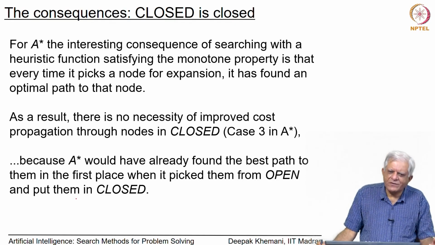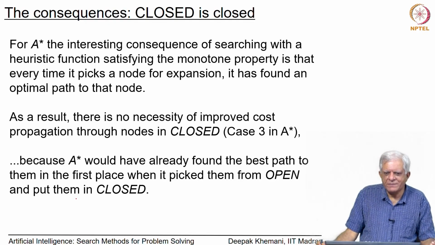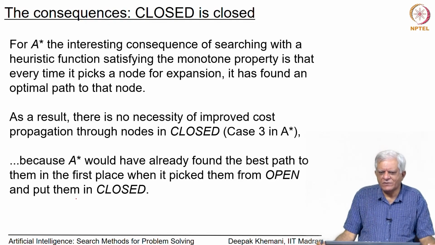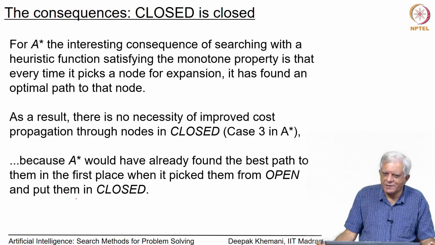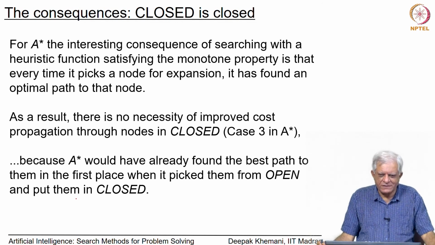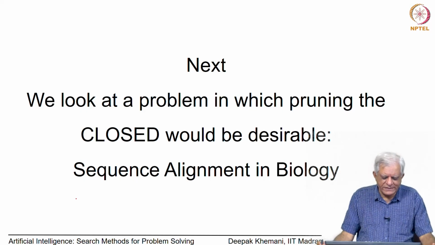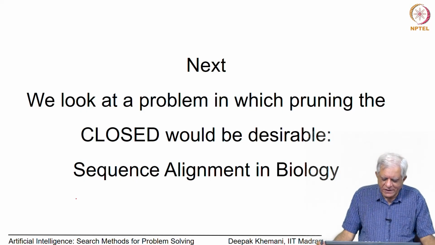If we can change the algorithm so that we do not have to use closed to do this non leaking back of the search, then we do not really need to keep closed, at least for that purpose. But of course, closed has other uses as well, and we will come back to that when we look at those space saving algorithms.